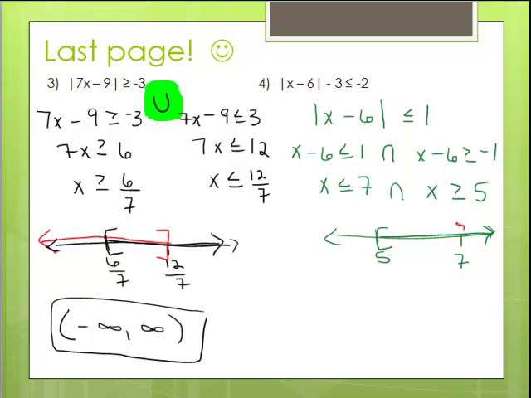X is less than or equal to 7. We want the intersection. We only want what's in common. What's in common would be between the 5 and the 7. So your solution set would actually look like that. From 5 to 7.